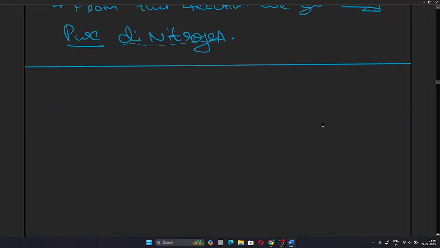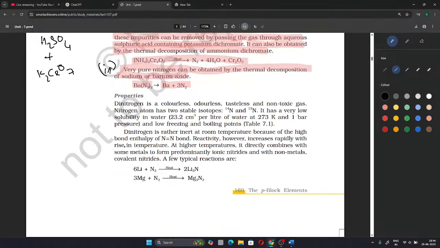Now let's see its properties. Dinitrogen is a colorless, odorless, tasteless, and non-toxic gas. As it is in air, we can say we are also breathing nitrogen in, as 78% of our atmosphere is nitrogen only, and the nitrogen atom has two stable isotopes, N14 and N15.